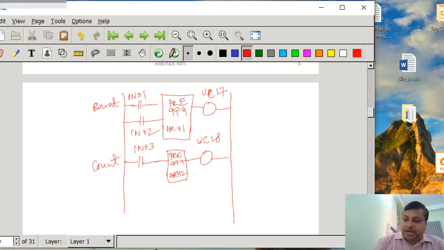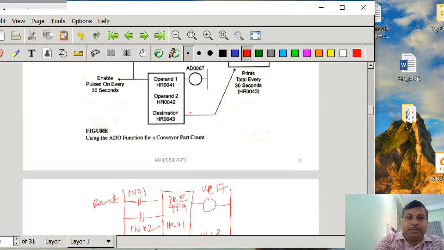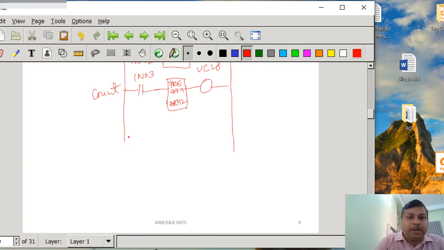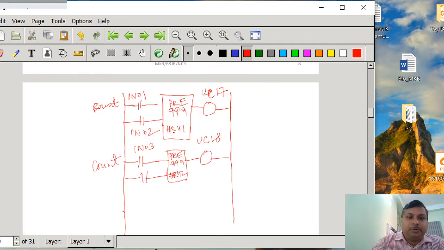Now you can also use a timer, because at every 30-second interval we want to know the value of the count. So at every 30-second interval we have to enable the adder circuit. Here you can have the same address IN02 also. When these two are closed, both counters will be energized at the same time.